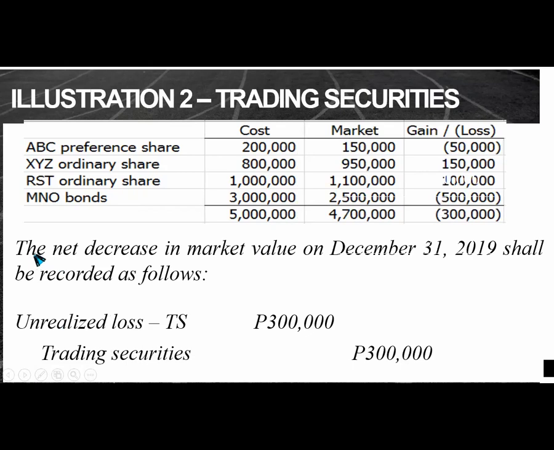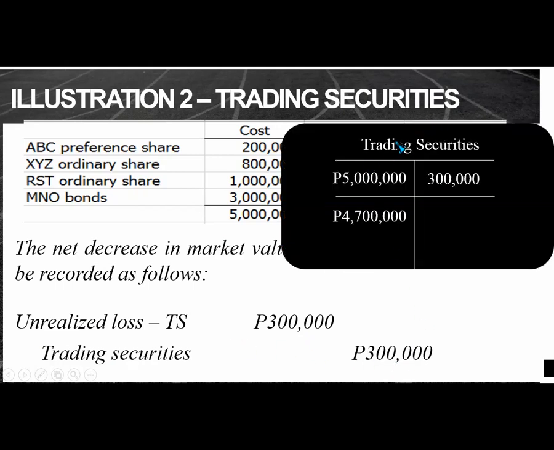Now, pagdating ng December 31, 'di ba, bumaba yung market value. So take note dito, tingnan mo na lang ang total, no? Bumaba siya, naging 4.7 na lang. There is a decrease amounting to 300,000. So paano natin i-record 'yan? Debit lang tayo ng unrealized loss, 300,000. Credit tayo ng trading securities, 300,000. So kung titingnan natin ang ating trading securities, first you have a balance of 5 million minus 300,000 because of this entry.